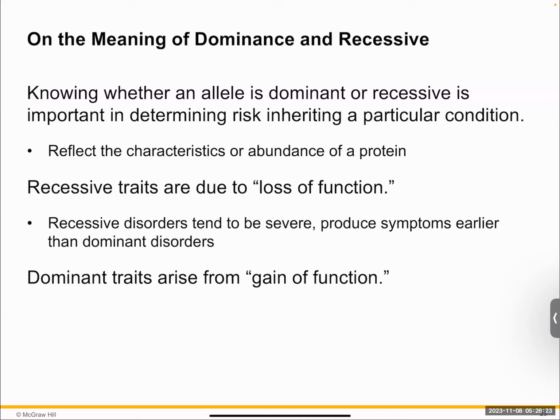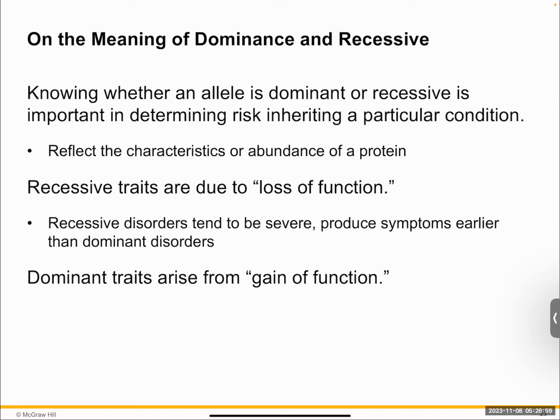So on the meaning of dominance versus recessive, it is important to understand if the dominant is something that causes the disease, or is it the recessive version that is causing the disease? Kind of like what we were talking about, the cystic fibrosis. For instance, with cystic fibrosis, you can have a carrier but no symptoms of it, versus if it's a dominant gene, you will have that trait passed on from the parents to the next generation.